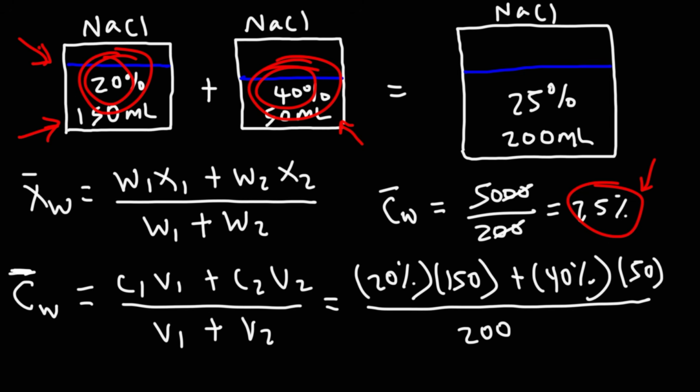Now, if we had equal volumes of both solutions, 100 milliliters each, the weighted average will be 30%. It will be right in the middle. But because these two have different weights, the regular arithmetic mean formula won't work here. We need to use the weighted mean because the weights are different. In this case, the volume represents the weights.